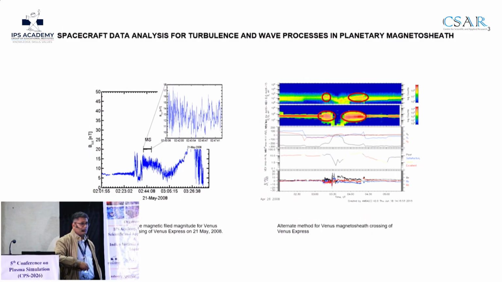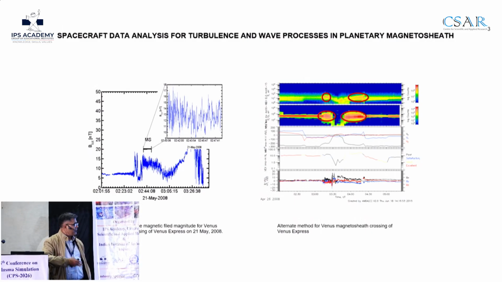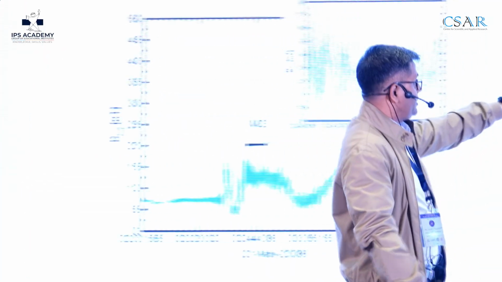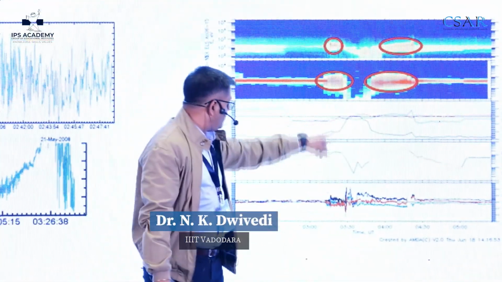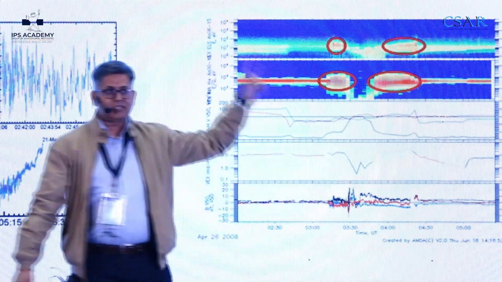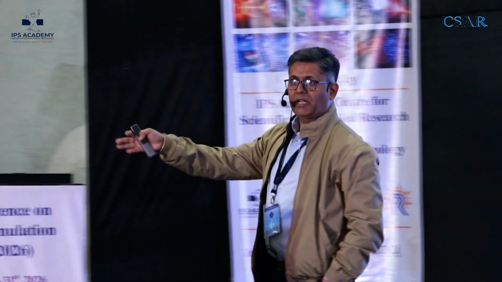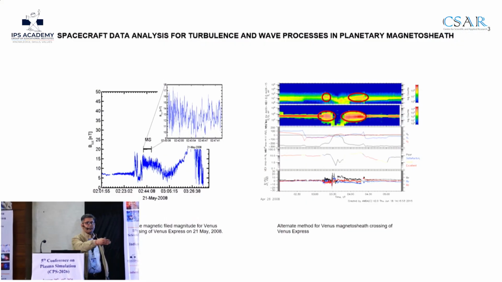The transition from the solar wind to the magnetosheath is quite evidently observed as a heating in the electron and ion spectra, which you can see here. So the temperature is much higher than the solar wind. At the same location, you can see there is a high amplitude magnetic field fluctuation, and then you say, oh, now we are inside the magnetosheath, and you can select the event.